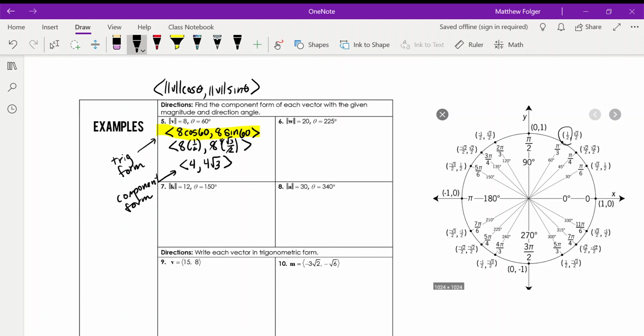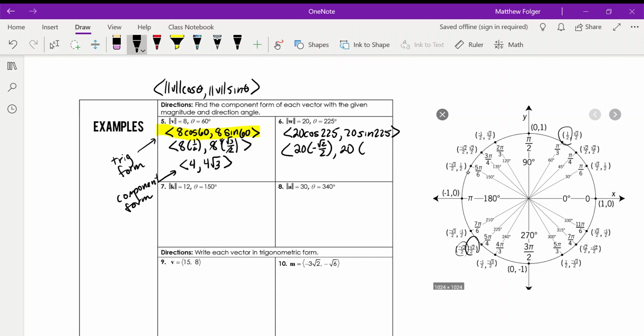Okay, let's try the next one. We want the component form of this vector. It'll be 20 cos 225, 20 sine 225. Cos of 225, that's right up here, is negative square root of 2 over 2, and the sine is also negative square root of 2 over 2.